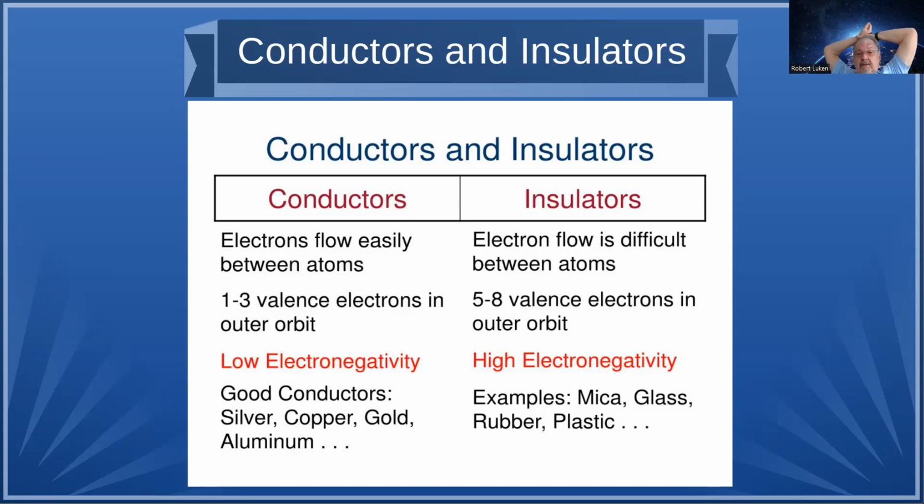On the other end of the scale, we have insulators, which are atoms that have between 5 and 8 valence electrons. And it becomes very hard, takes a lot of energy to separate or to energize one of those electrons to make it a free electron so it can move. And we tend to use those kinds of materials to separate conductors.